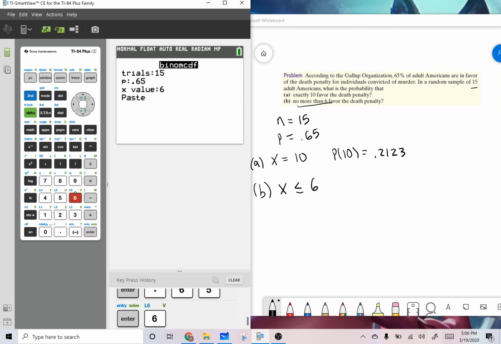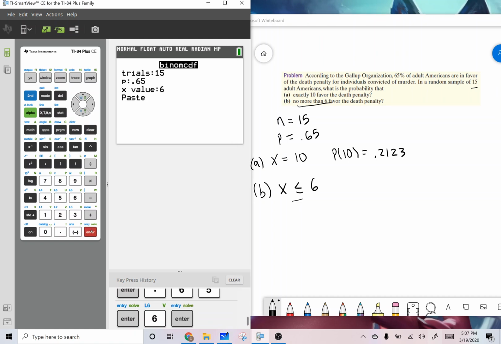The reason it's 6 is because, remember in our slides from earlier, I said that the calculator always does less than or equal to. This is a less than or equal to problem, so we're just going to enter exactly what it is. If it was strictly less than, rather than put 6 here, we would put 5, because we need to do one less so that we don't include 6 in that set.